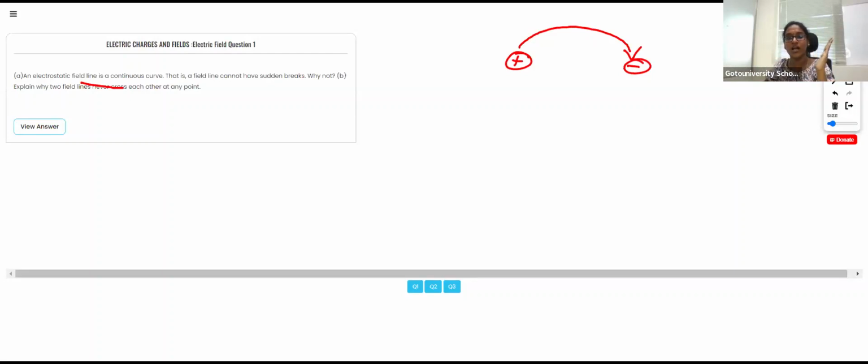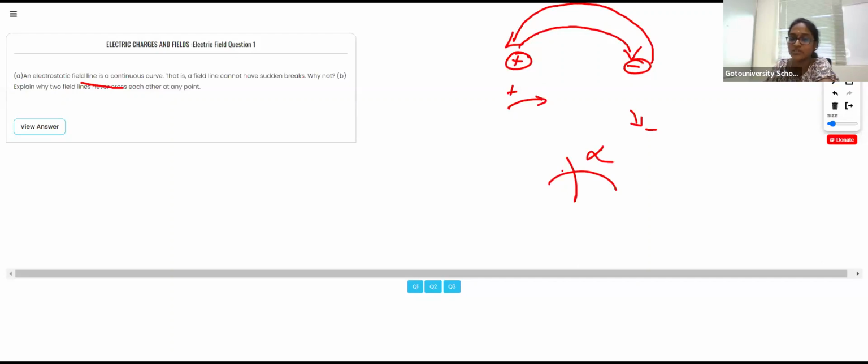If the arrows are outwards, it is positive. If it is coming inwards, it is negative. And it will definitely go from positive to negative. If the lines were crossing each other, there will be a change in their directions also. So it is not possible in the electric field lines. Keep it in mind.